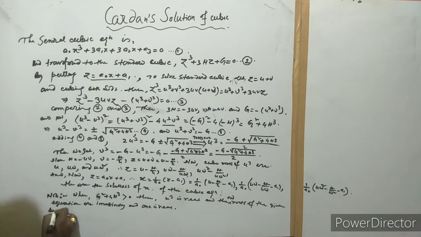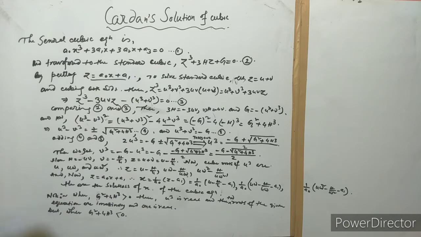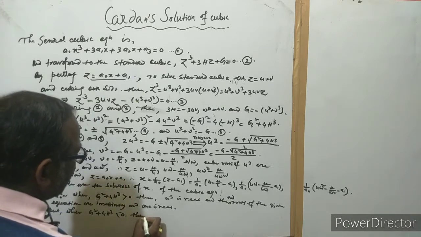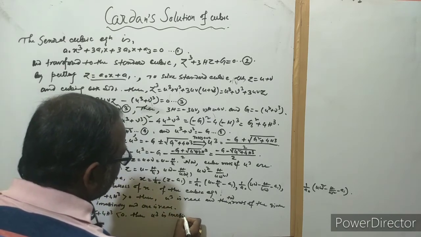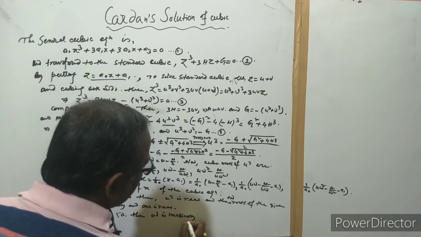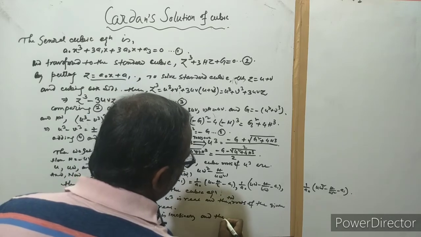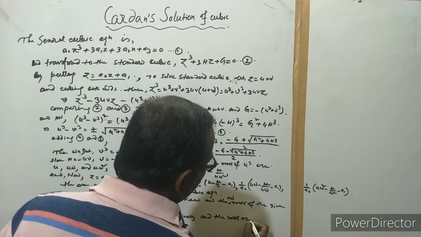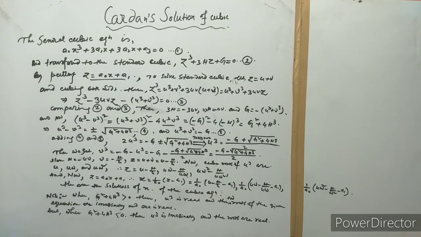But when g square plus 4h cube is less than 0, then u cube is imaginary and the roots are real. So this is the basic theory in Cardan's method.